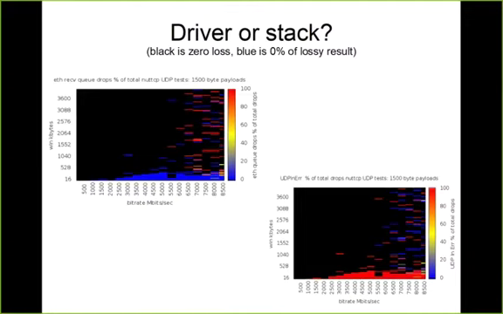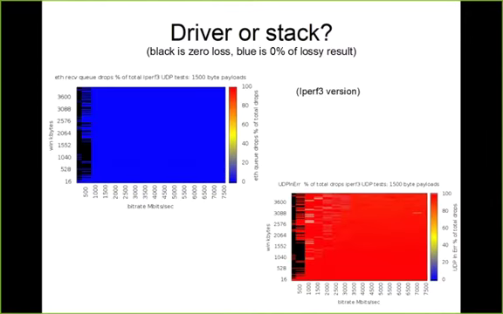Surprise, surprise. But another interesting wrinkle is these are NUTTCP graphs, and these are the same set of tests run with iPerf3. So the two programs act very differently in terms of this UDP loss. For some reason, iPerf3 loses nothing on the Ethernet driver side, and all of the loss, in fact, a lot of significant loss, with the same specification.